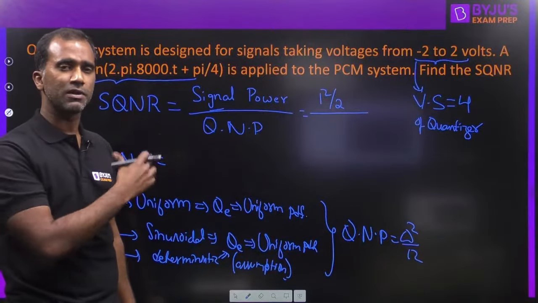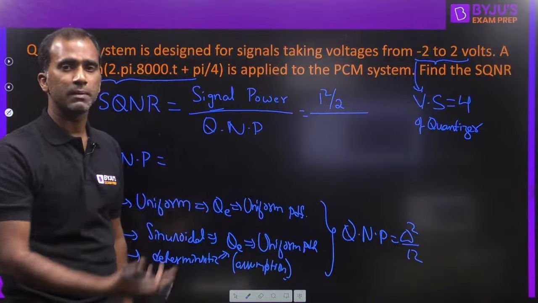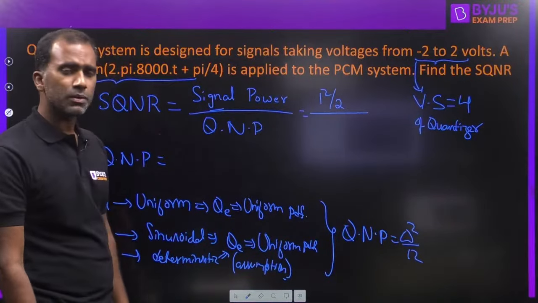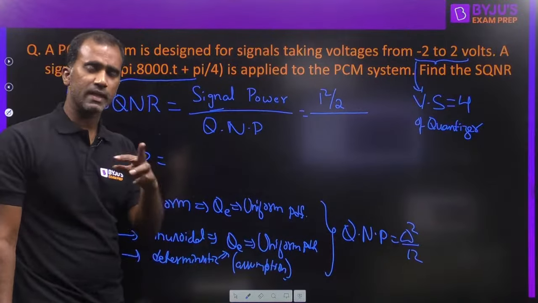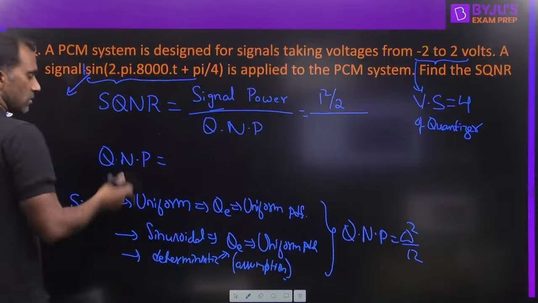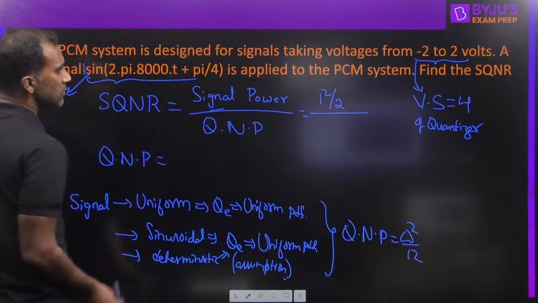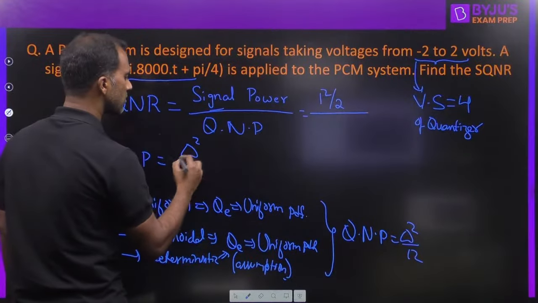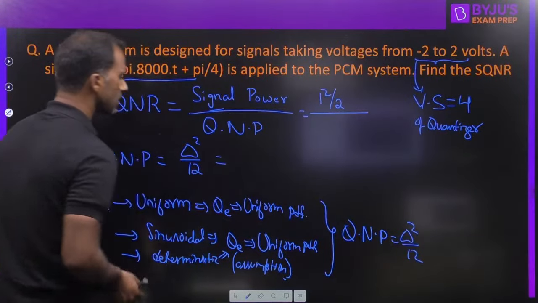You have to divide that expectation into different quantization regions, and then it becomes an easy problem. If you want, you can refer to the second class practice session on PCM, where I discussed it in great detail. Right, so since there is no information about the signal, you can assume the quantization error has a uniform PDF, and the quantization noise power can be written as Δ² divided by 12.